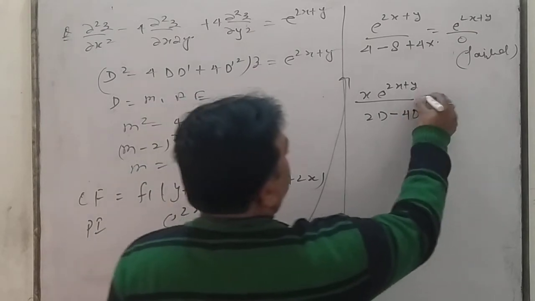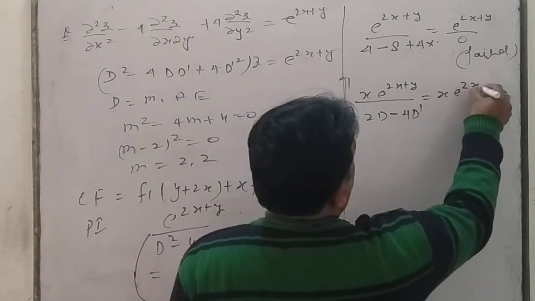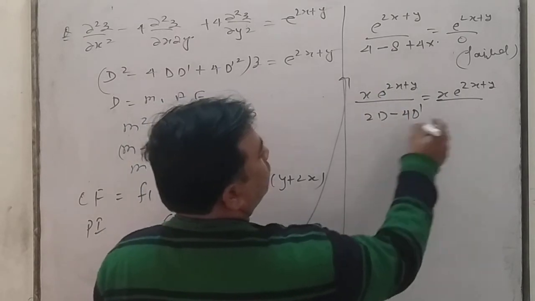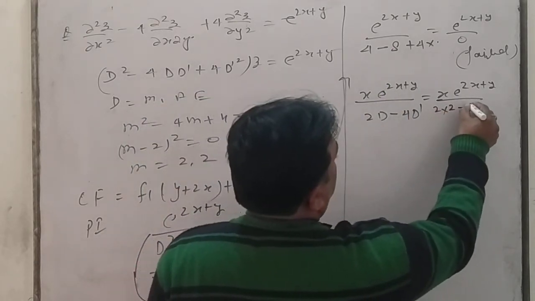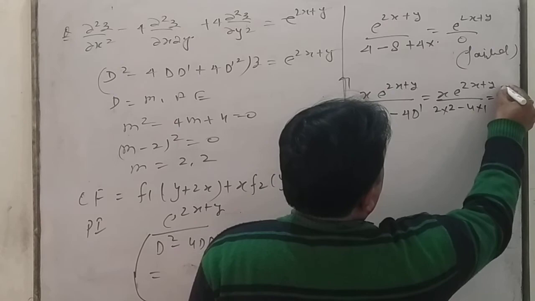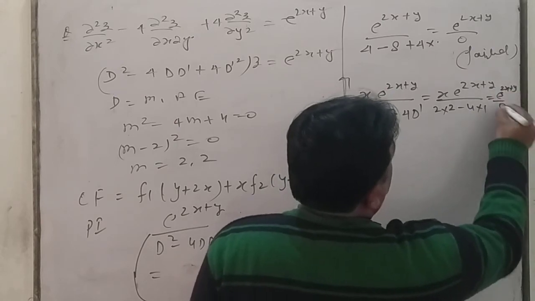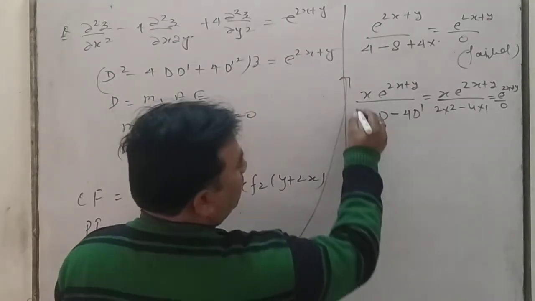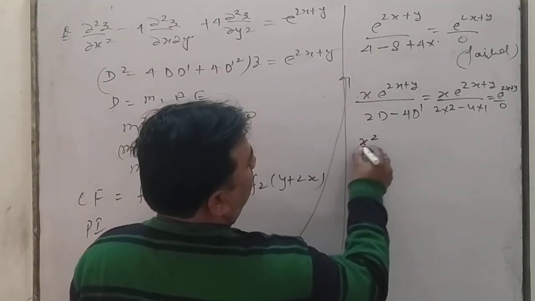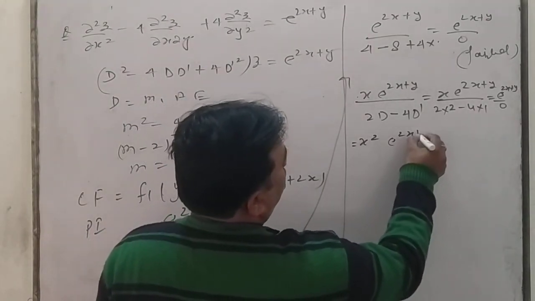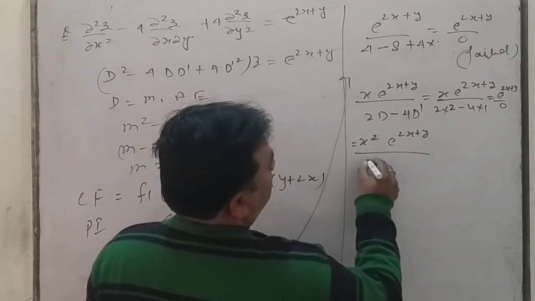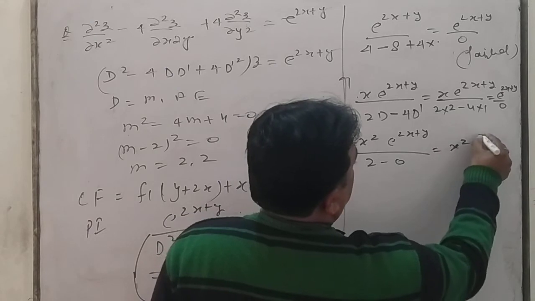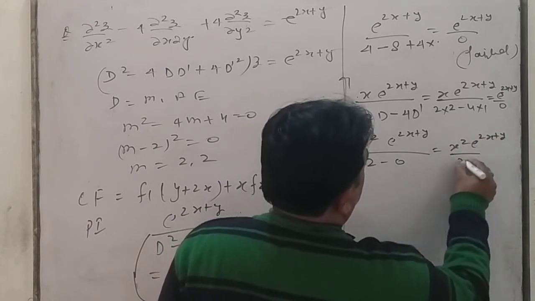So again the same procedure: putting the x coefficient 2 in place of d, 2 into 2 minus 4 into 1, again 0. So we again multiply by x, then x square e to the power 2x plus y upon 2 d1, this is the 0.